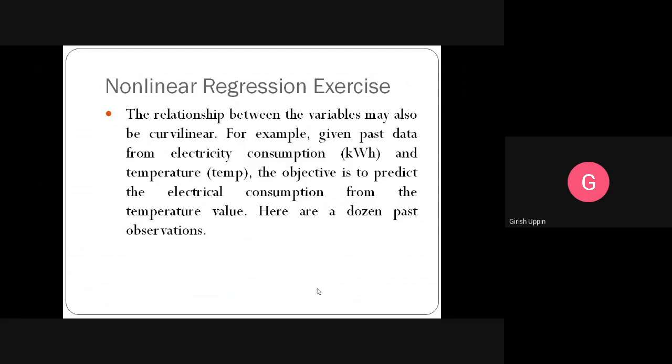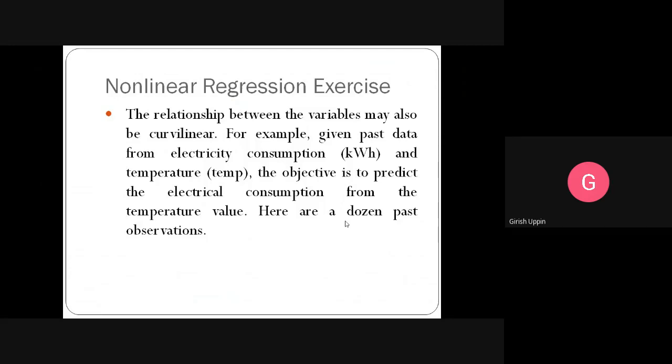For example, given past data of electricity consumption in kilowatt hours and temperature, the objective is to predict the electrical consumption from the temperature value. So here are a dozen past observations. I will explain what that means.